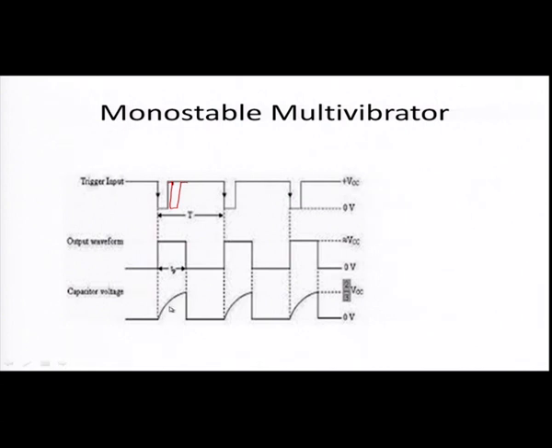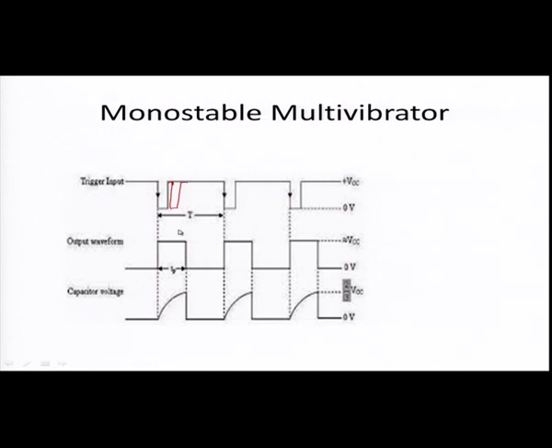Once the capacitor starts charging towards VCC, until it attains 2/3 VCC, there won't be any change in the output. Once it attains 2/3 VCC, only then will the output go low, and the capacitor will be discharged instantaneously.